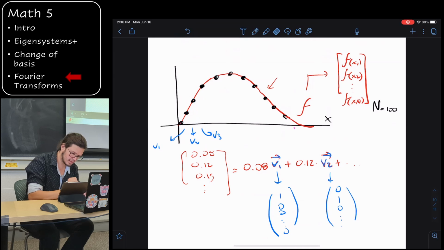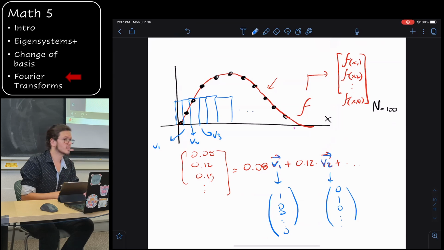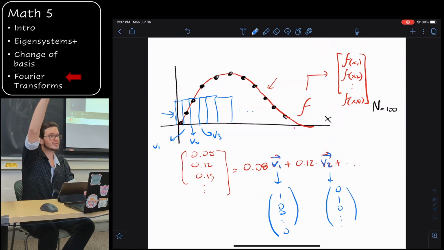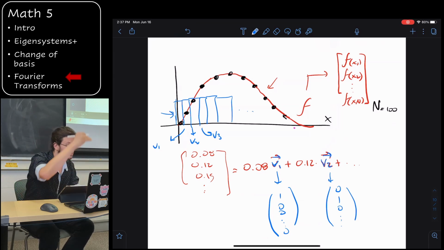So if you were to say the first rectangle, I'm doing the same thing again. If they all have value 1, they look like this. And then the coefficients tell you how much you're going to shrink or stretch the first rectangle. In this case, you will shrink it by a lot.